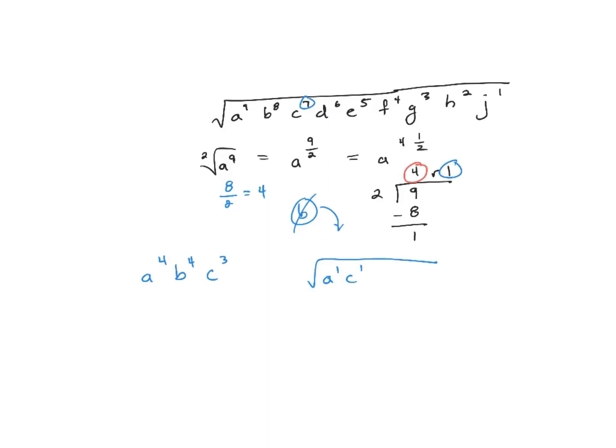Notice anything left in the radical is always just going to have an exponent of 1 because you're dividing by 2, so the greatest remainder you'll have is 1. I have d to the 3 because 6 divided by 2 is 3. E to the 2, E1.